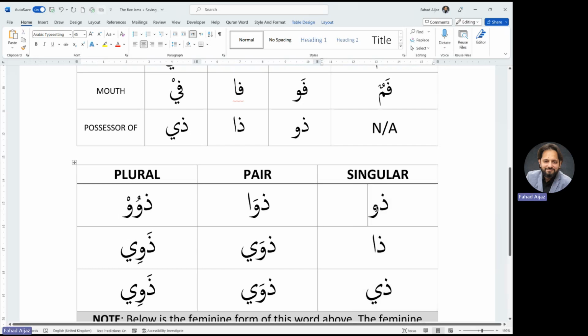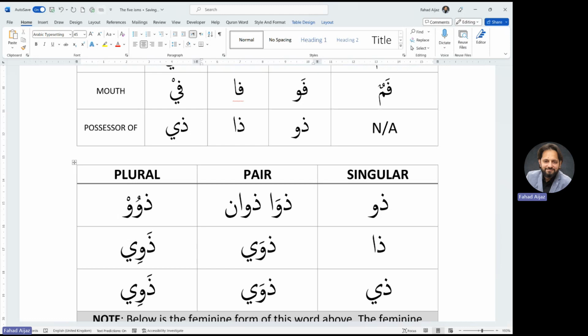When you go and pick up the same form and you try to make the pair out of it, what would you do? You would basically do the same zu, and it has to have the ani ending, right? Zuwani. So that's how you would make a normal pair. But because this is not really a normal ism, it doesn't take that form.